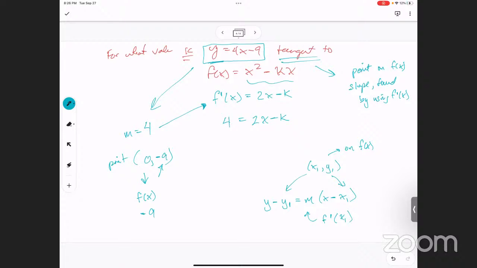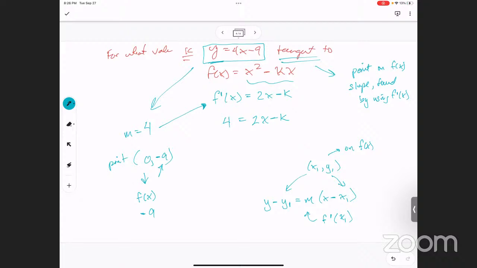That's what that is. So we want to work backward to find what values of k that line is tangent to f of x. The problem is I don't know what the point is.